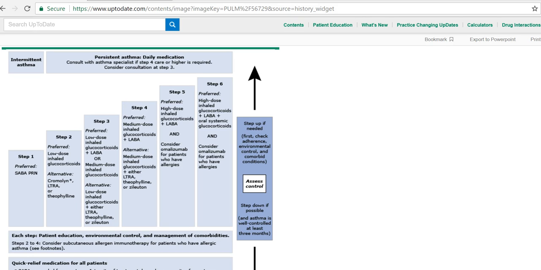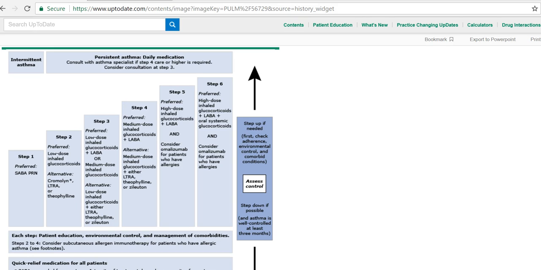There are options for those that are intolerant that are listed below. There's the cromolyn, there's your leukotrienes, theophylline. Theophylline's old school. You've got to monitor blood levels on theophylline. So anyway, that's for our patients that are now in the persistent stage. Those are our mild persistent.